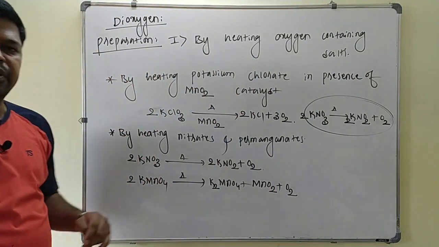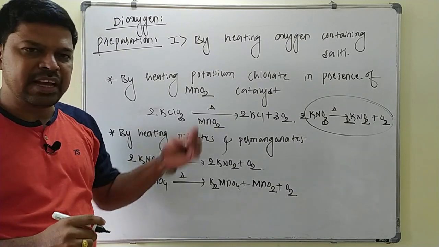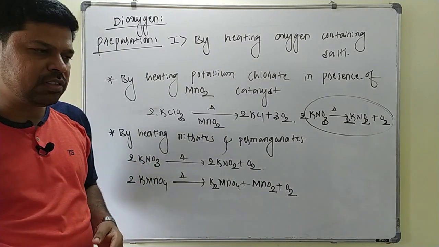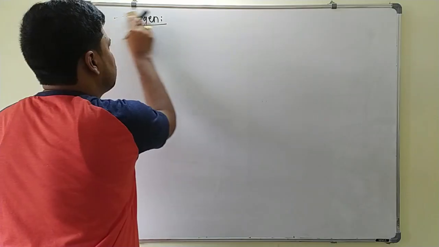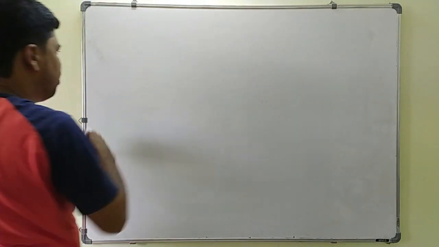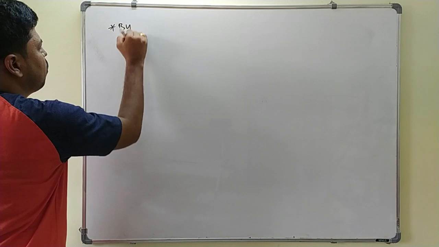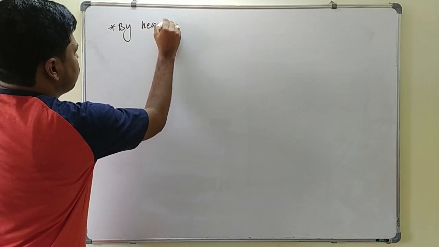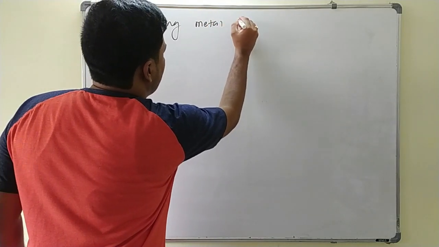So in this way you can prepare oxygen by heating oxygen containing salts. Next method, by heating metal oxides we can prepare oxygen. Alright, next method, that is preparation of dioxygen by heating metal oxides.